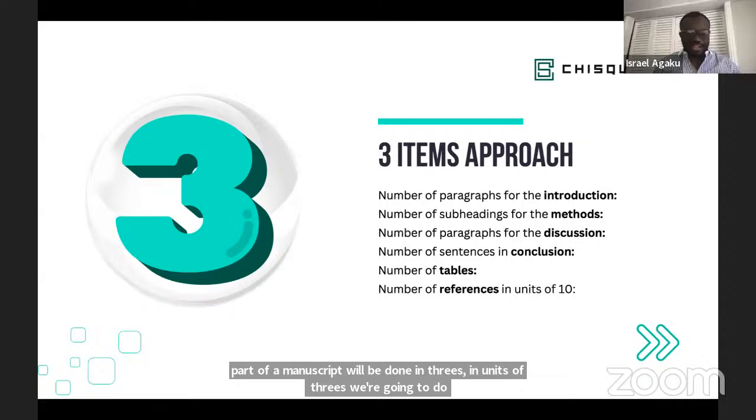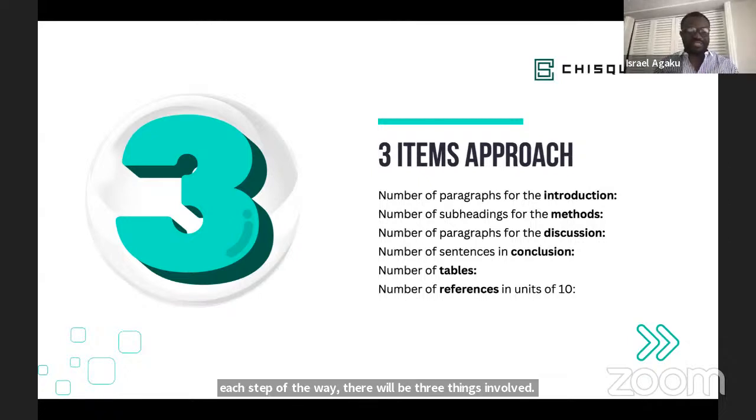For the introduction, we're going to have three paragraphs. For the methods, three subheadings. The discussion, three paragraphs. The conclusion, three sentences. We're going to have three tables, and we're going to have 30 references, or three sets of tens. That's what the three items approach means. So everything will be in units of threes.